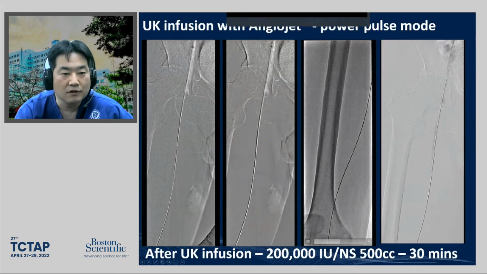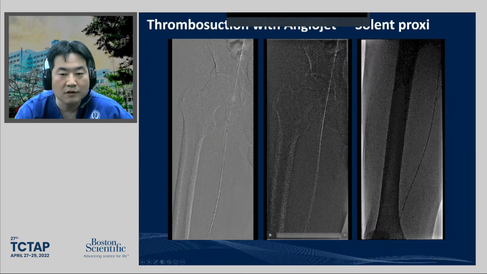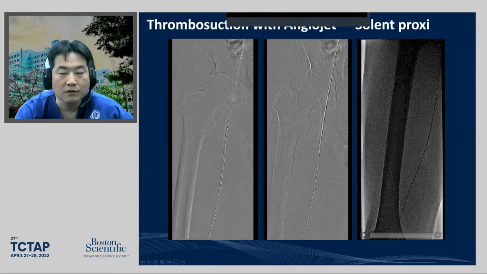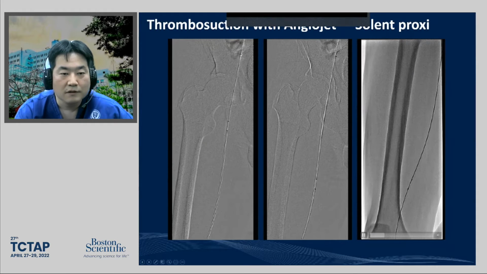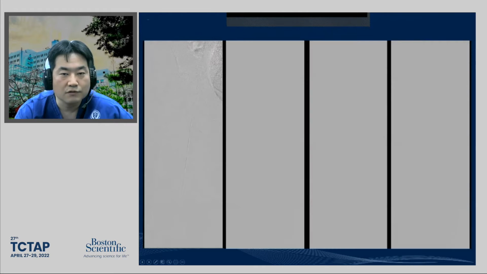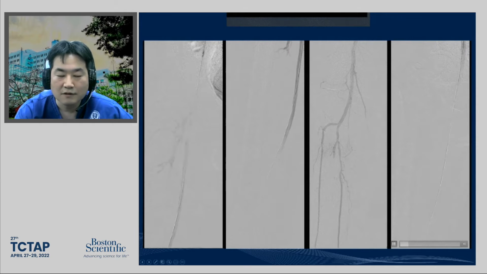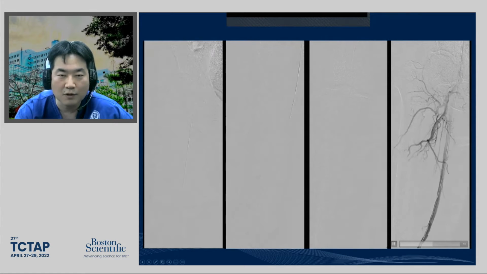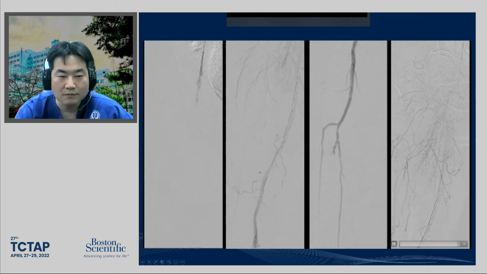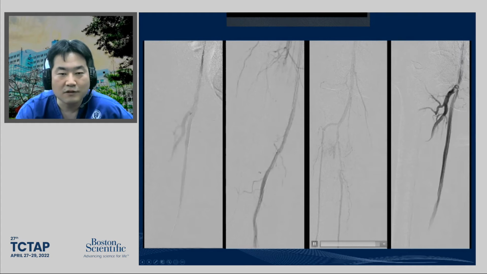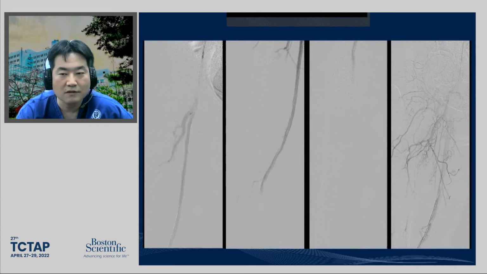And then we did thrombus suction with the AngioJet device from proximal to distal with the use of Solent Proxi. After the suction, the fresh thrombus was completely removed without any embolization of the distal portion. Actually, it was initially indicated for Fogarty embolectomy, but at the time there were some problems with the surgical approach, so we started this procedure.